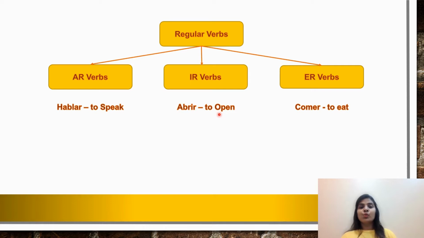Abrir, to open. IR is the ending of this particular verb. Comer, to eat. Again, ER is the ending of the verb. These are examples, and with these examples you will now understand how we conjugate the verbs. So let's move on to the biggest category of verbs, that is the AR verbs.